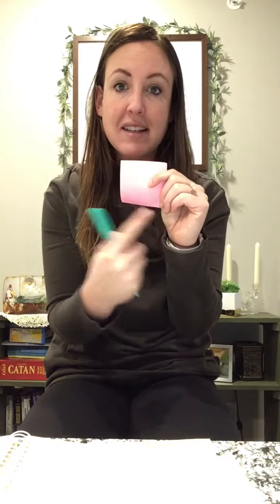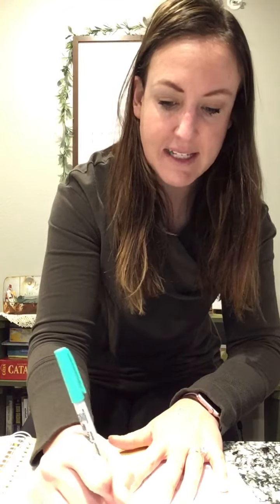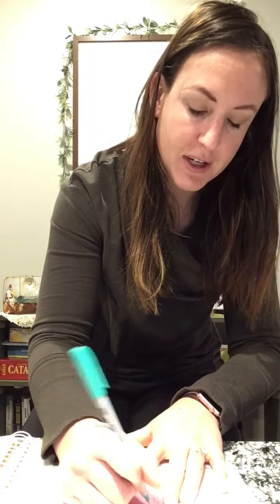Okay, you are back. If this is my square and each side is S, I should have S plus S plus S plus S equals perimeter.